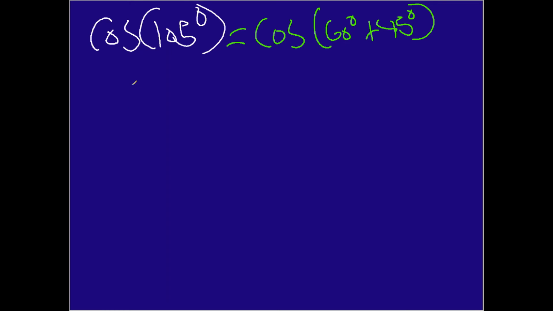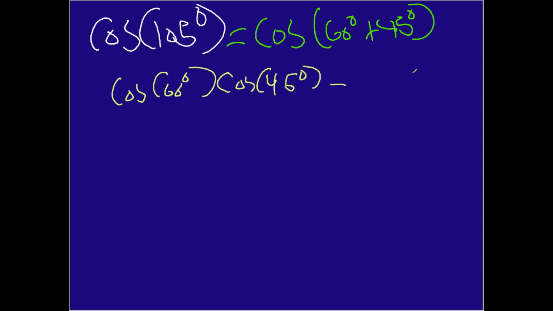Let me write the formula first. So cosine of 60 degrees times cosine of 45 degrees minus sine of 60 degrees times sine of 45 degrees.